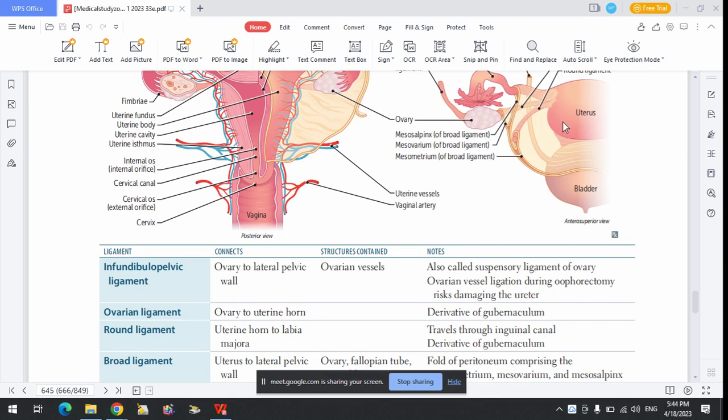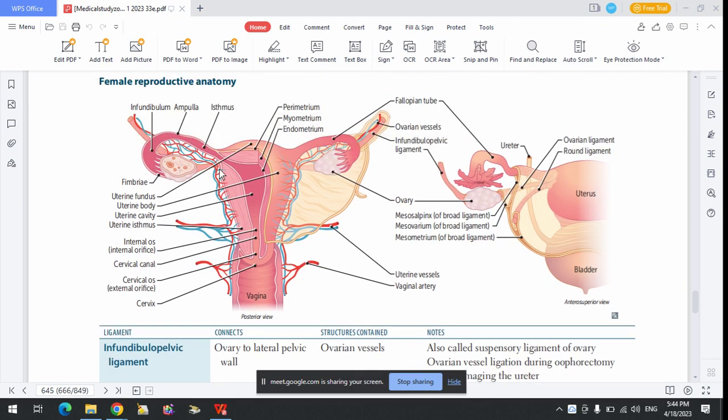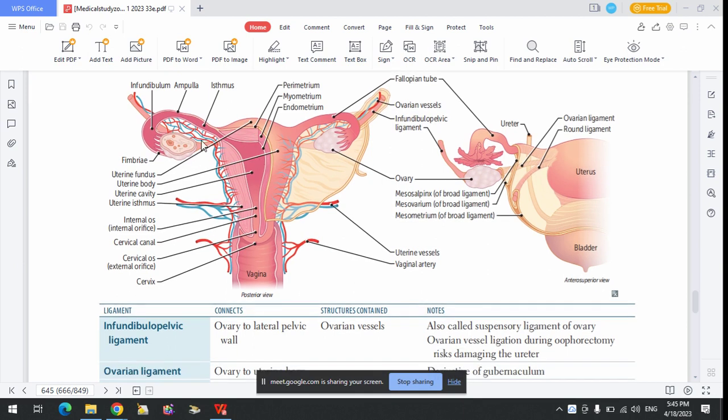Because the ureter also passes behind these uterine vessels, it might get damaged too during hysterectomy. So both the infundibulopelvic and cardinal ligaments will affect the ureter. The ovarian one is up, and the uterine one is down.